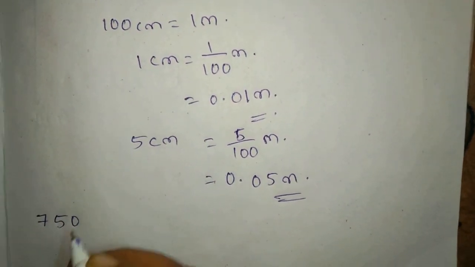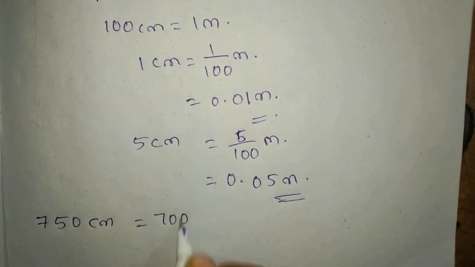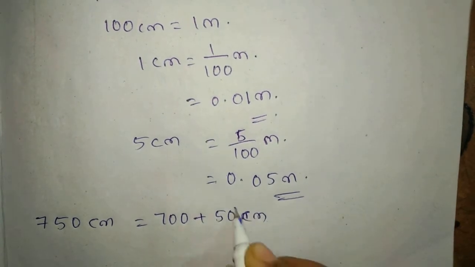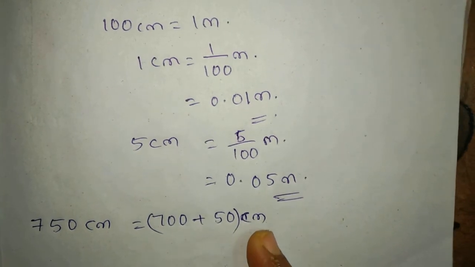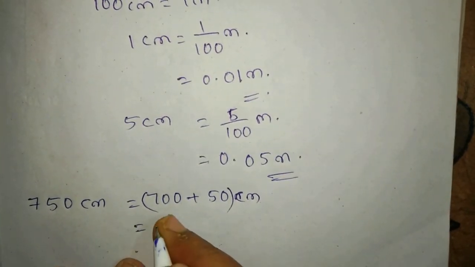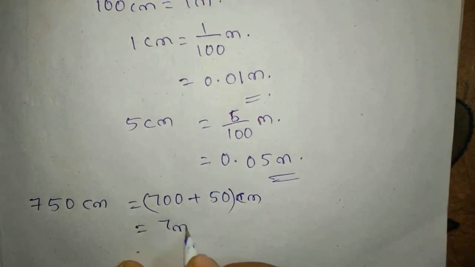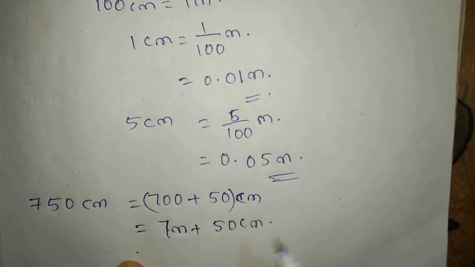Then 750 centimeters is equal to 700 plus 50 centimeters.